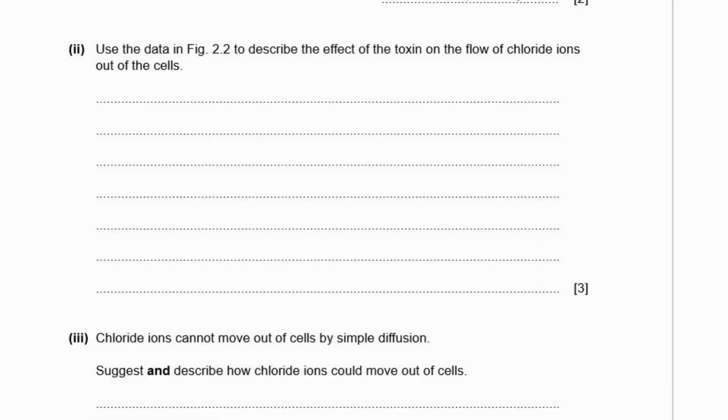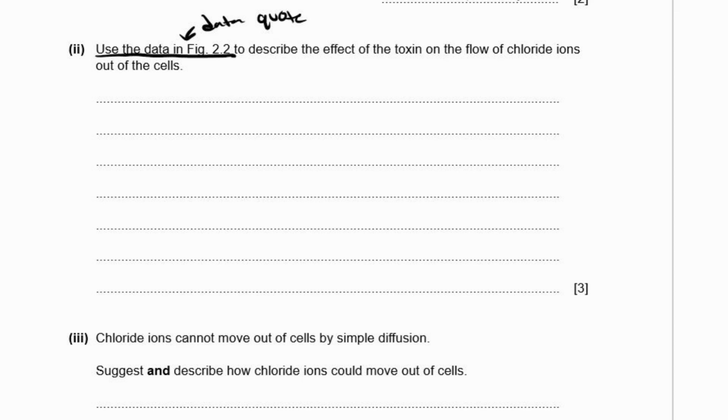2. Use the data in figure 2.2 to describe the effect of the toxin on the flow of chloride ions out of the cell. When it says use the data in figure 2.2, 1 mark will be for a data quote. And remember, you're not just quoting 2 random points. You want to quote 2 important points, a peak, or when it gets back to a stable level or something like that.